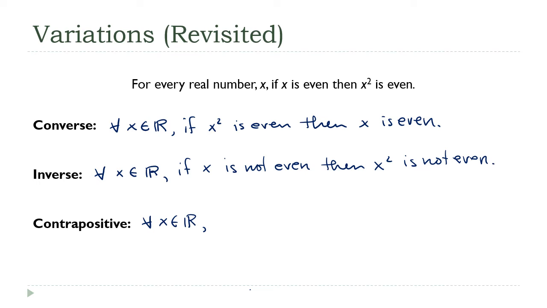And then finally, the contrapositive: if x squared is not even, then x is not even. Right? Really nothing new here. We're applying the exact same set of rules that we learned about earlier when we were talking about propositional logic.